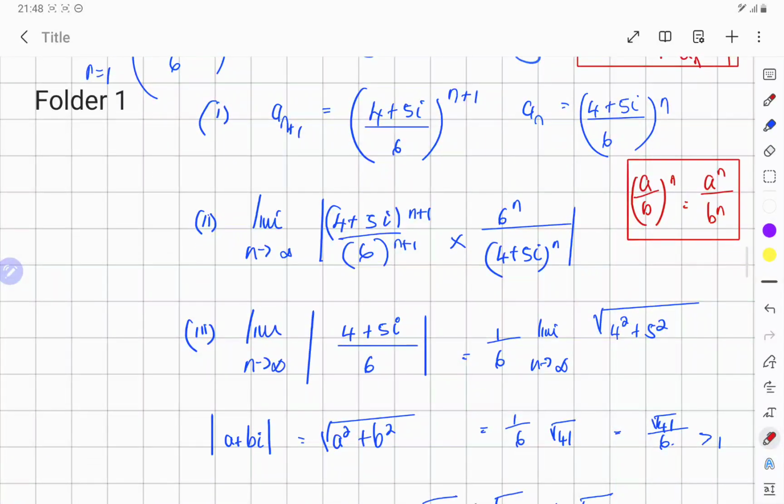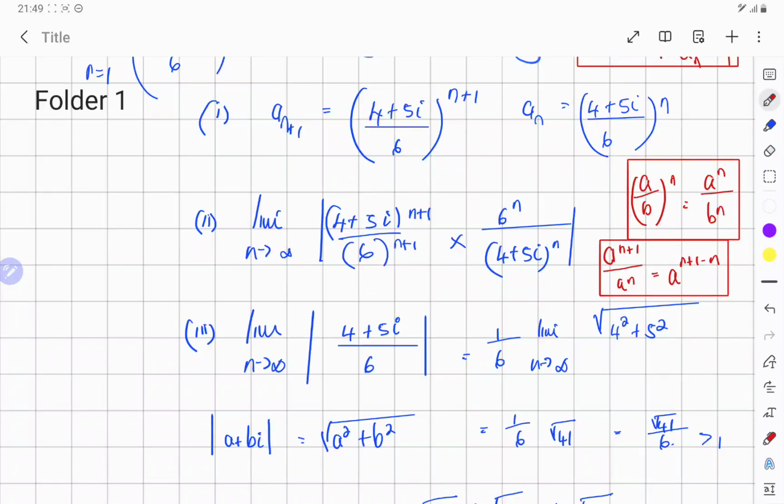Now let's simplify this. So if we have 4 plus 5i to the n plus 1 divided by 4 plus 5i to the n, another of our school formulas. So if I have a to the n plus 1 over a to the n, since the bases are the same, I will subtract the exponents.